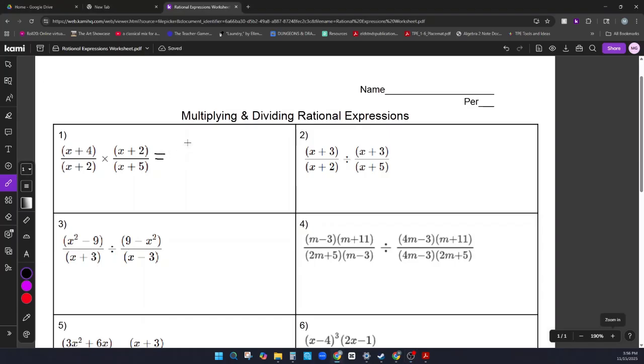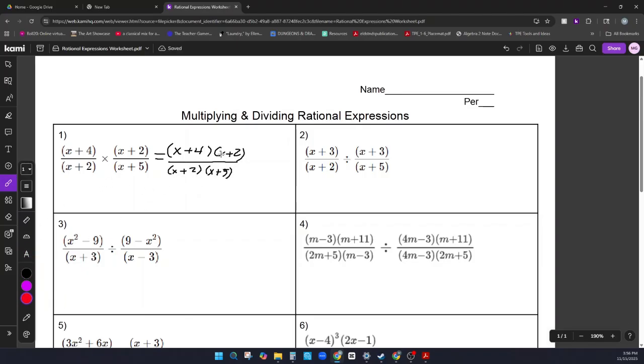So I'm going to rewrite this expression as x plus 4 times x plus 2, times x plus 2 all times x plus 5. Now, the reason I rewrite them together, but don't multiply yet, is to give me an opportunity to cancel.